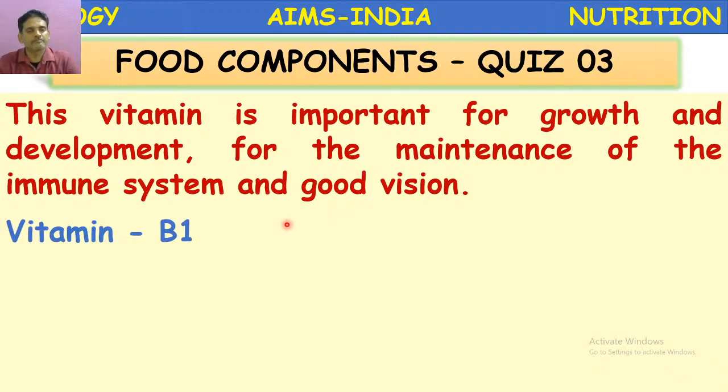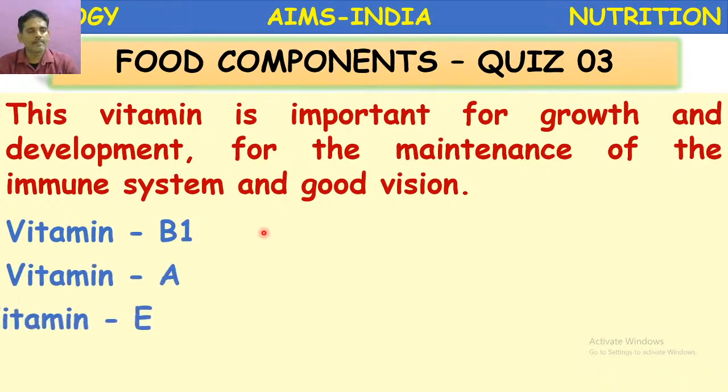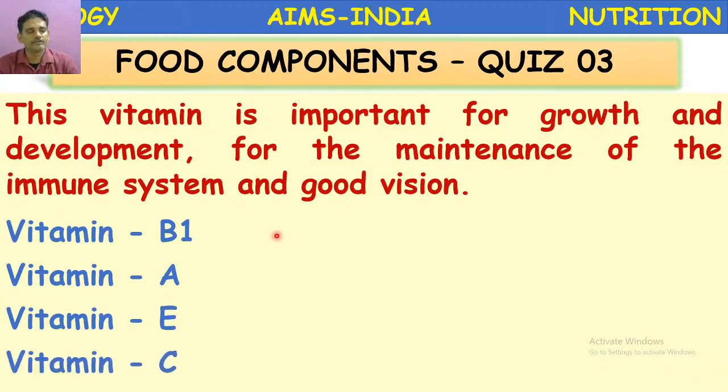Come on, all of you, be ready to answer the question. Vitamin B1, vitamin A, vitamin E, and vitamin C. So we have thoroughly revised the vitamins so far. So you can answer in the live chat.